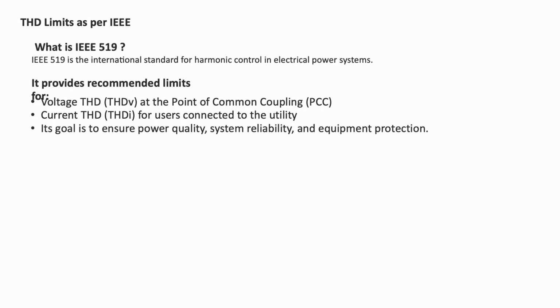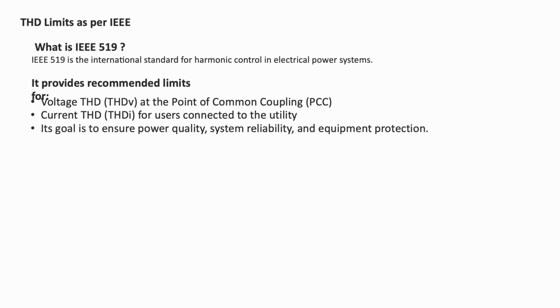When we talk about voltage THD, also called THD-V, this is the allowable voltage distortion at the point of common coupling or PCC. Basically, the point where your system connects to the utility. Number two, current THD, also called THD-I, for all users connected to the utility.